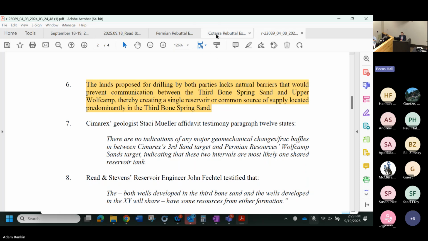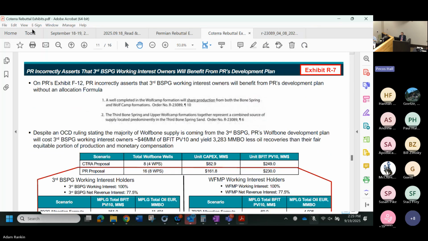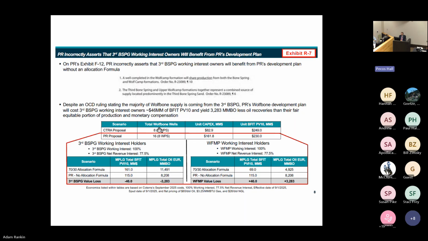Okay, so when I go back to this slide, my understanding then is that based on that paragraph I just showed from the order, you've shifted the production based on Permian's plan and data, and you shifted 70% of that production up to the third Bone Spring owners, correct?